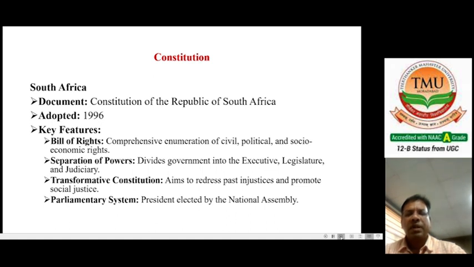Second important feature, separation of power, dividing government into the executive, legislative, and judiciary. Another thing, it is a transformative constitution that aims to redress past injustice and promote social justice. Next is the parliamentary system, with the president elected by the National Assembly. This is very important when we talk about it.